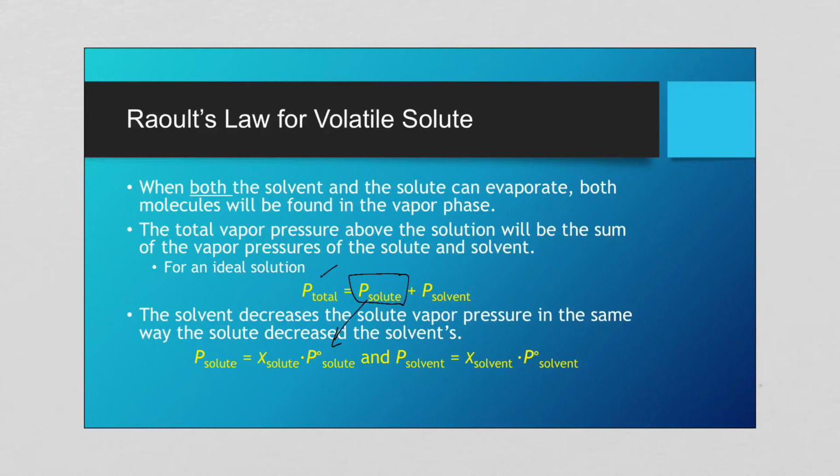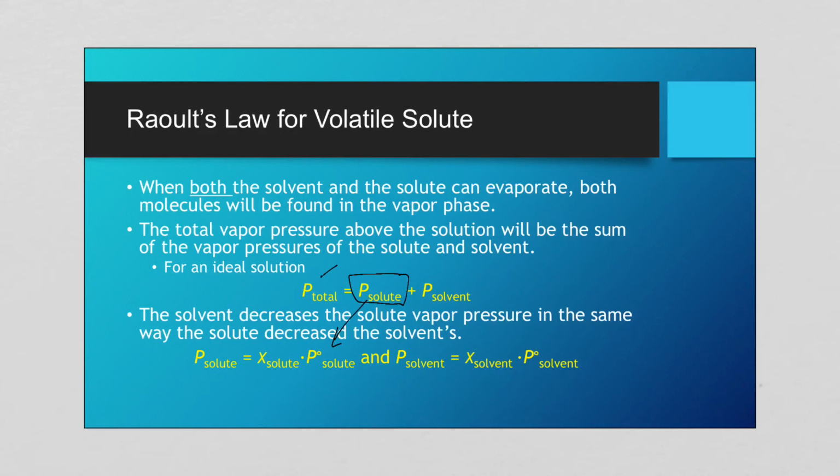The vapor pressure of the solvent is going to be the mole fraction of the solvent times the vapor pressure of the pure solvent. So if we have two things that can create a vapor pressure, we can calculate them individually, and then if we add them together, we would get the total vapor pressure.